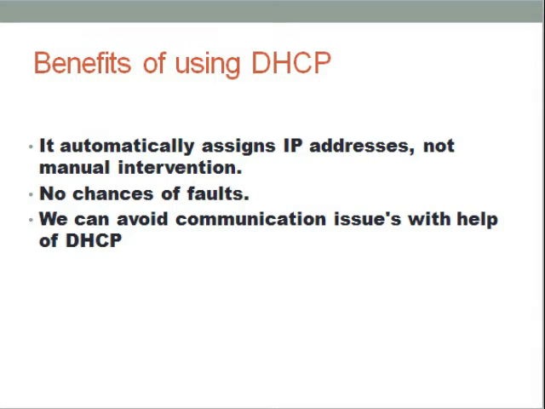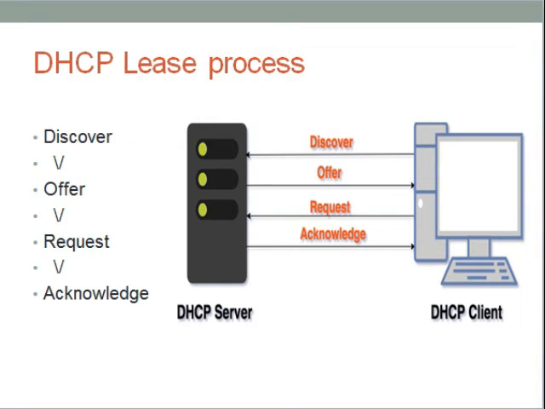Now I would like to explain the DHCP lease generation process. It's a four-step process, commonly known as DORA. Step one is a client in need of an IP address.